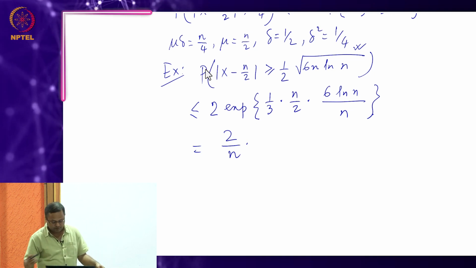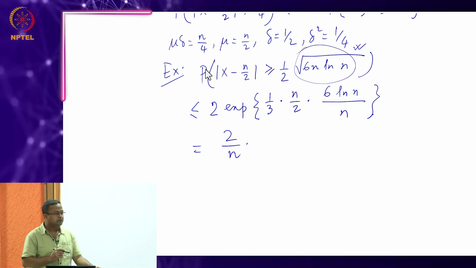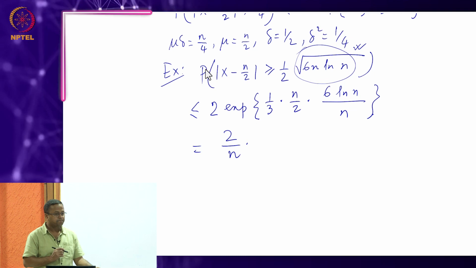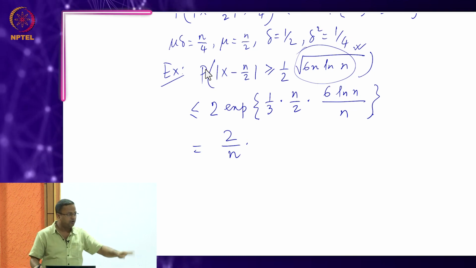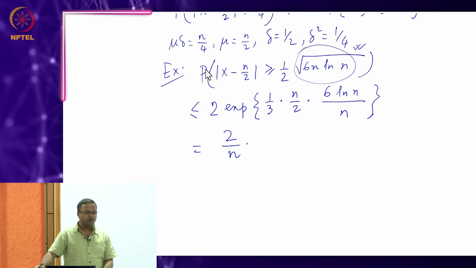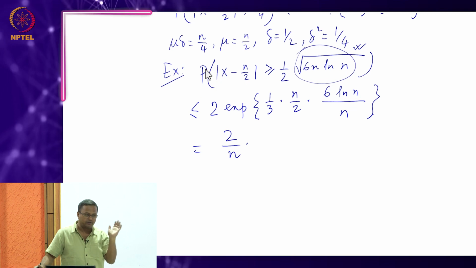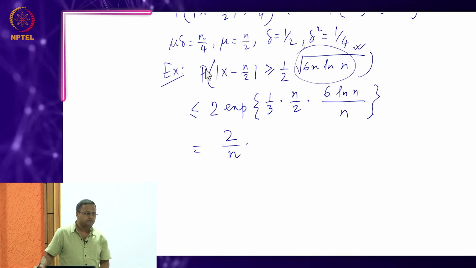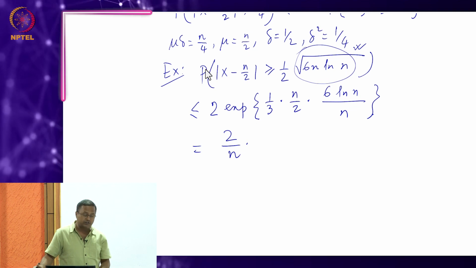This quantity is sublinear in n, right. So, log n, square root n, these are functions which are much below n. n grows much faster than square root n, right.